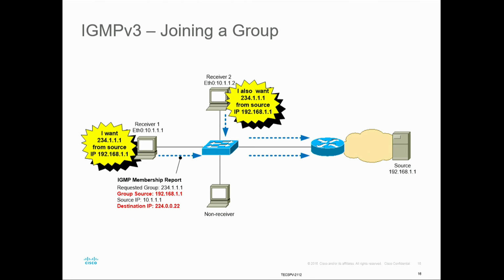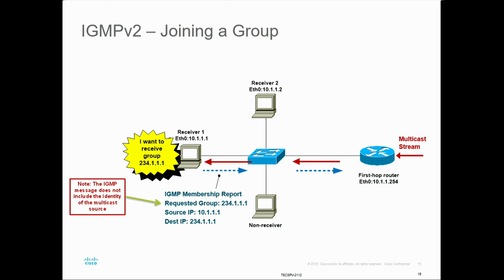If you noticed in the requests, we did not specify the source IP address of the stream. We're just saying, I need 239.111. I'm not saying where it is coming from.